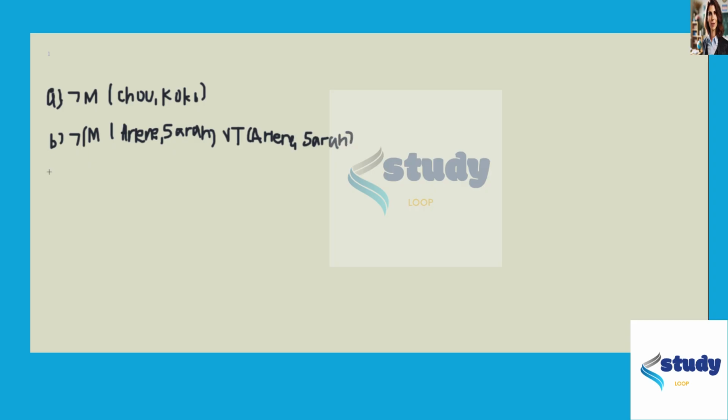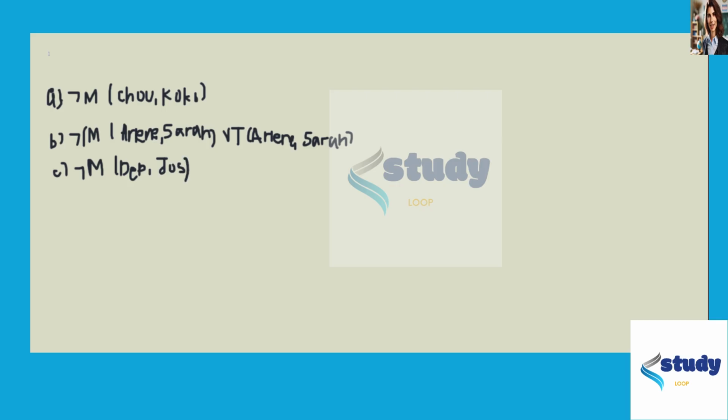For C, it can be rewritten as Deborah has not sent an email message to Jose. So not M(Deb, Jose), Deb for short.